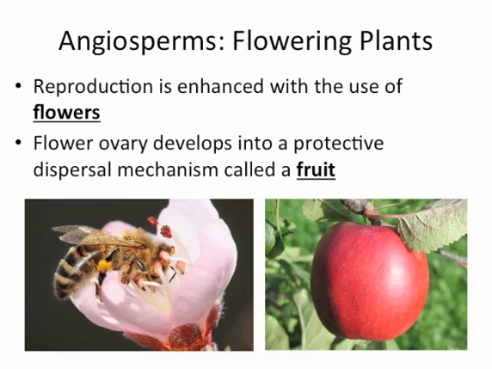Angiosperms also have this way of protecting their seed and ensuring dispersal of their seed called a fruit. So the flowers, as they develop, make a seed, and then they surround the seed in a protective dispersal mechanism called a fruit. So the real reason why flowering plants have fruit is to allow for dispersal.